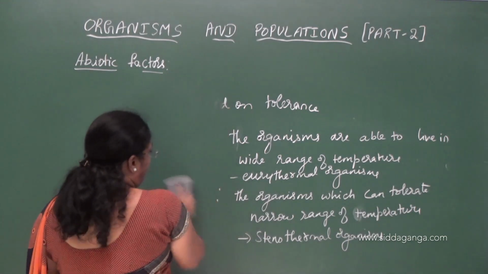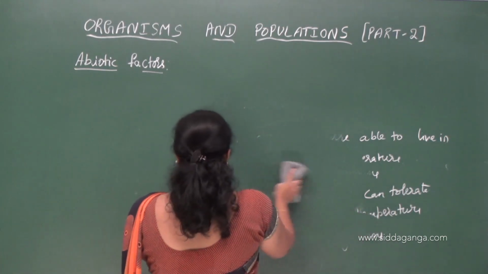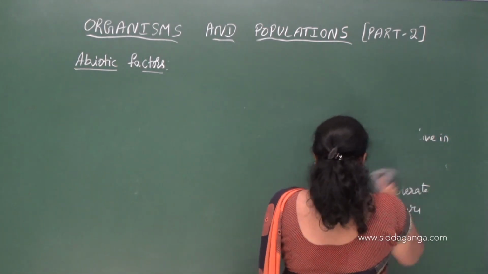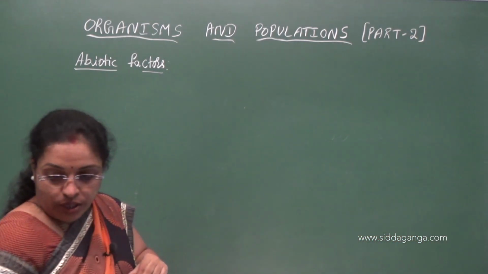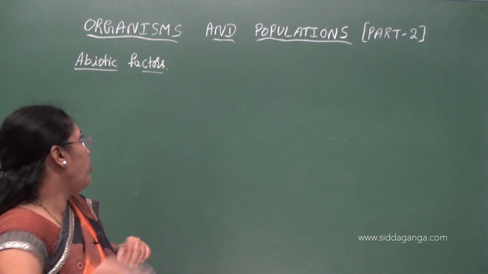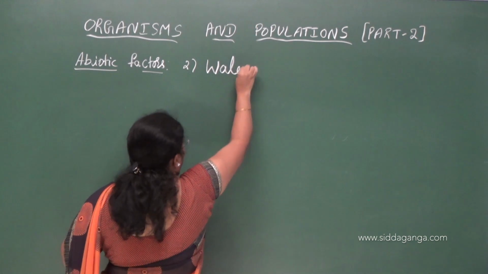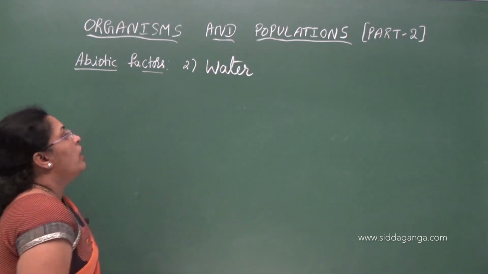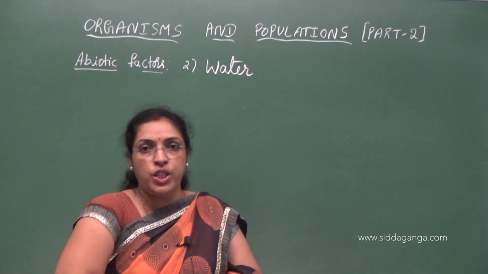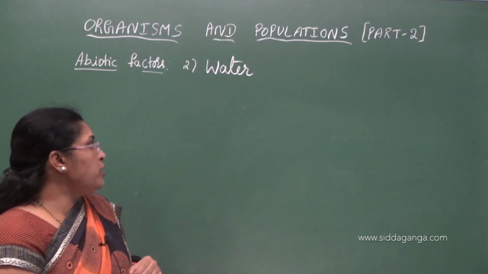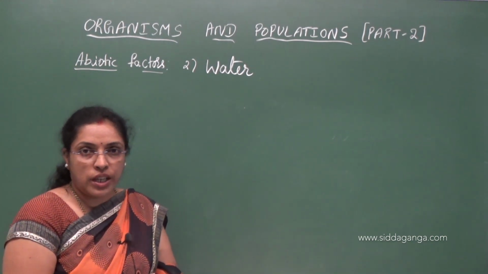Then we will move on to another abiotic factor, that is water. Water is a very, very important abiotic factor. The productivity of plants, vegetation, everything depends upon water, and the first life existed in water.